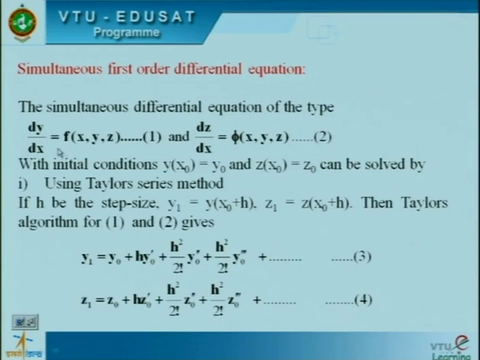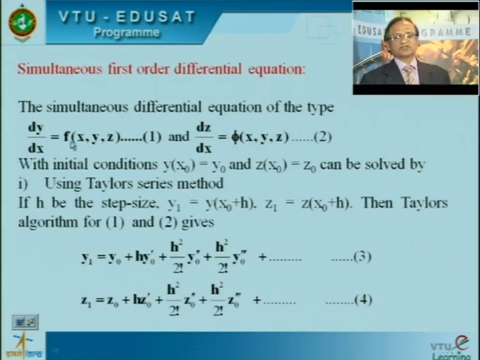Suppose they are given a differential equation, we can find the solution by using the Taylor series method. Here also, assume that they have given a second order differential equation, and we have reduced the second order to first order simultaneous differential equations. So, what is the method? The method is the Taylor series method. Why am I giving all these formulas?